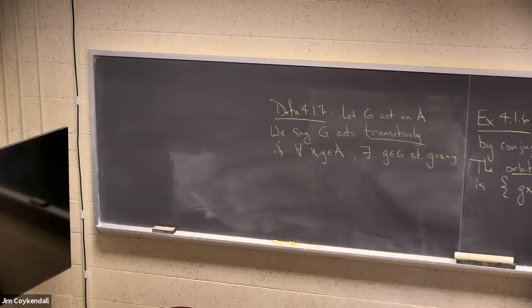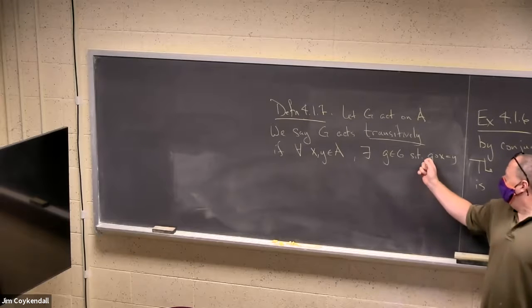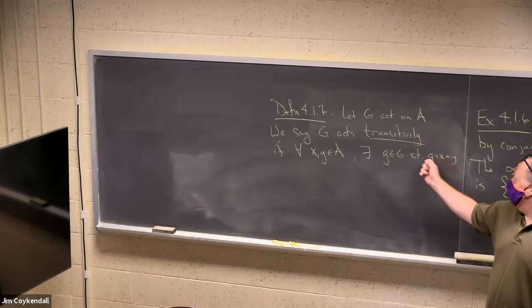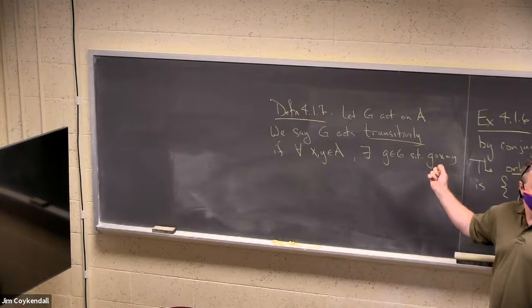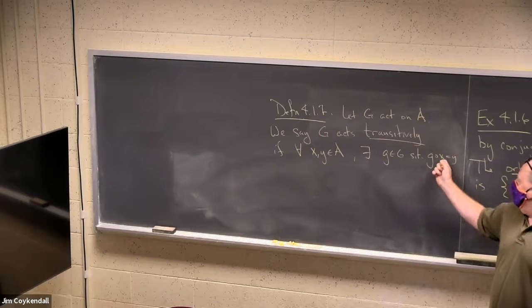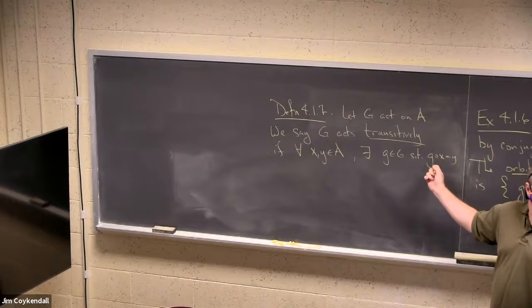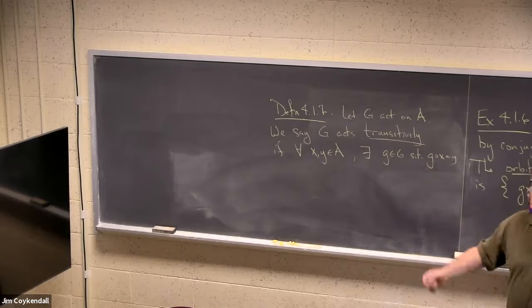And of course, by definition, vice versa. This is equivalent to saying that there's only one orbit, right? Because what that means is picking any two elements, you can operate on the first one to get the second by something in G. That means that any y is in the orbit of x and conversely. So there's only one big orbit.